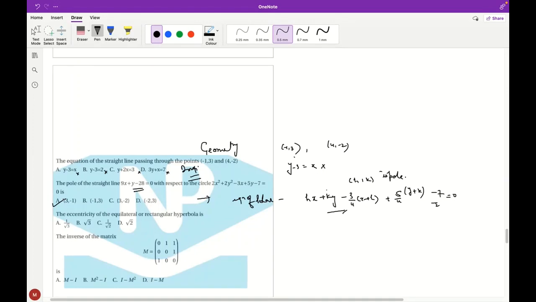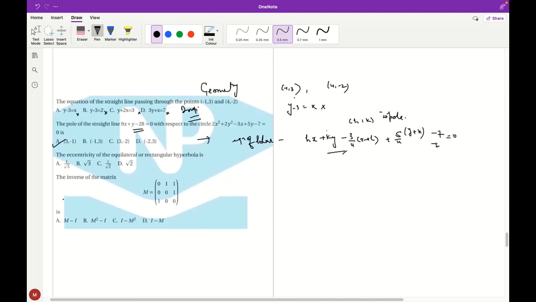Now come to another question, which is also from geometry. In this question, he has asked about the eccentricity of an equilateral hyperbola. In general, eccentricity is given by e equals under root a square plus b square upon a.